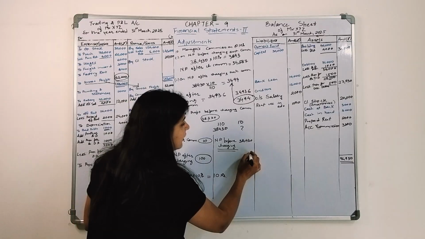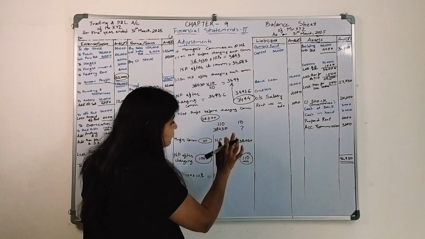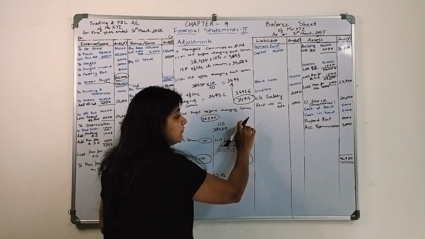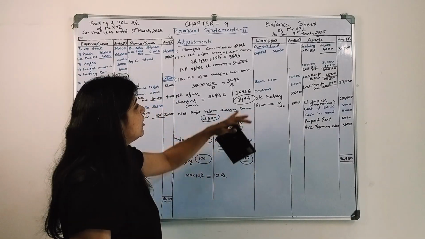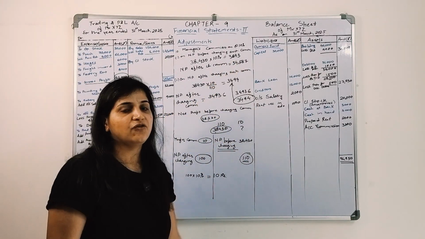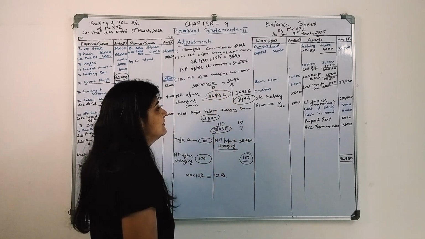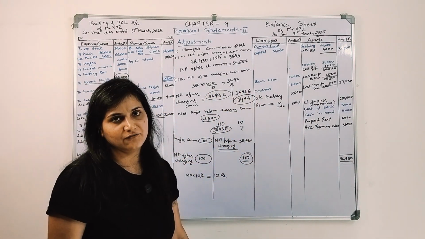We add it, we get 110. This 110 is what? Net profit before charging. So if net profit before charging is 110, and on that we are giving commission of 10 rupees, on 38,430 how much will we give? We will give 3494, and we are left with the profit of 34,936. 10% of 34,936 is 3494.